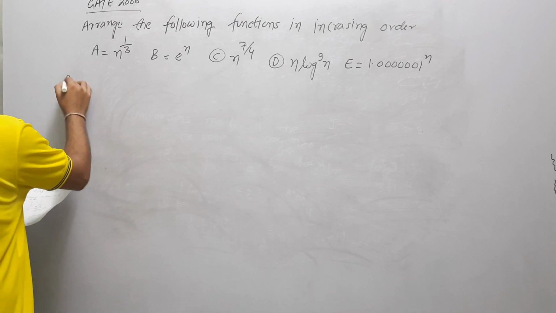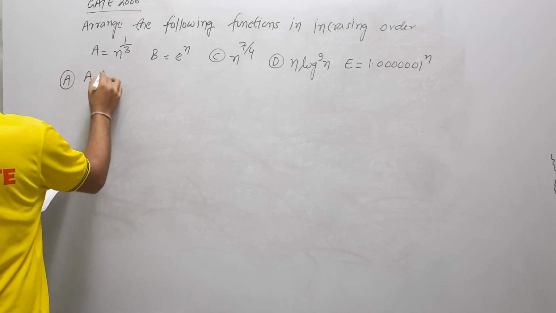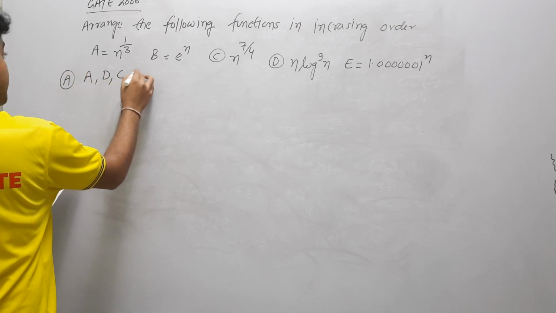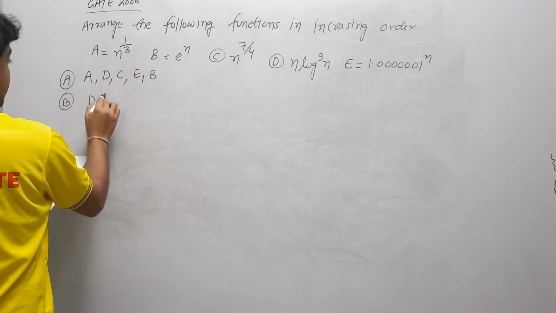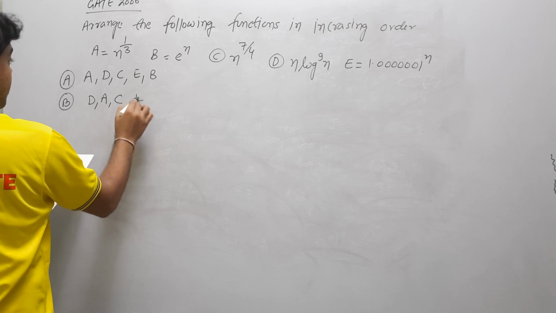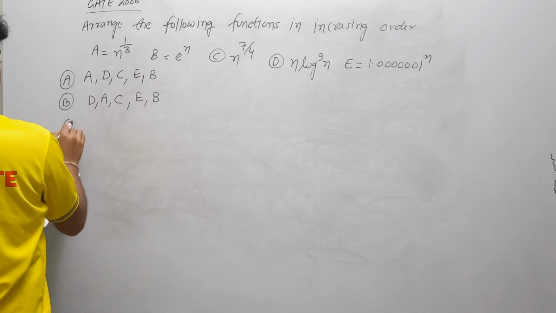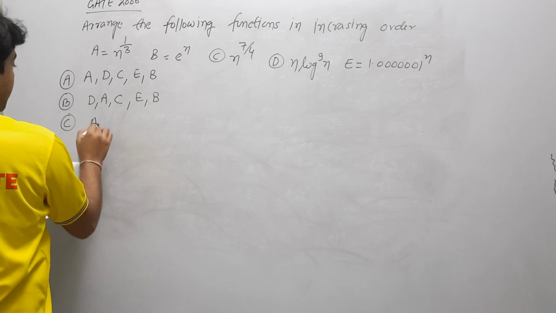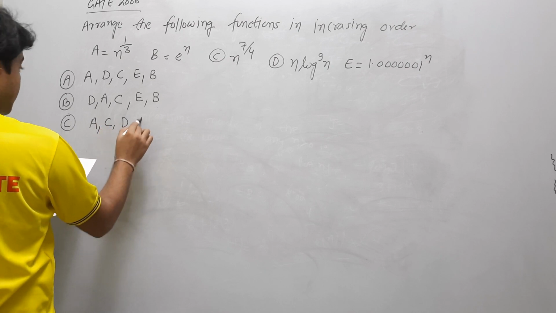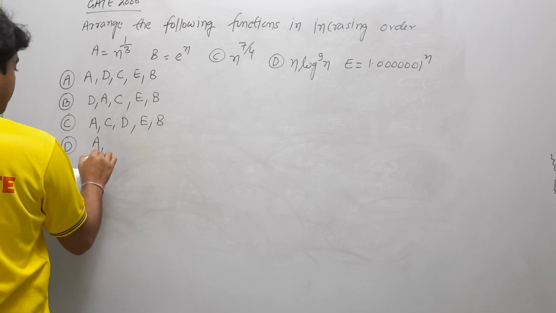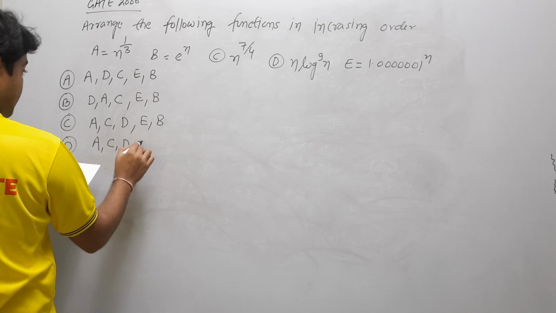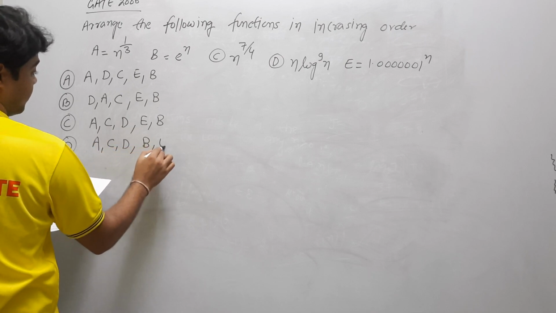So your options are given like that. A is A, D, C, E, B. B is D, A, C, E, B. C is A, C, D, E, B. D is A, C, D, B, E.